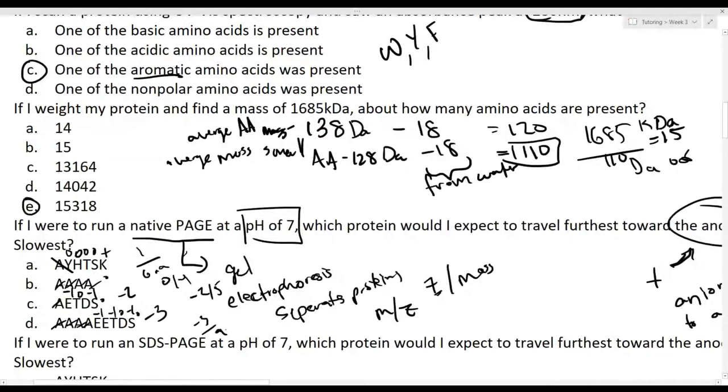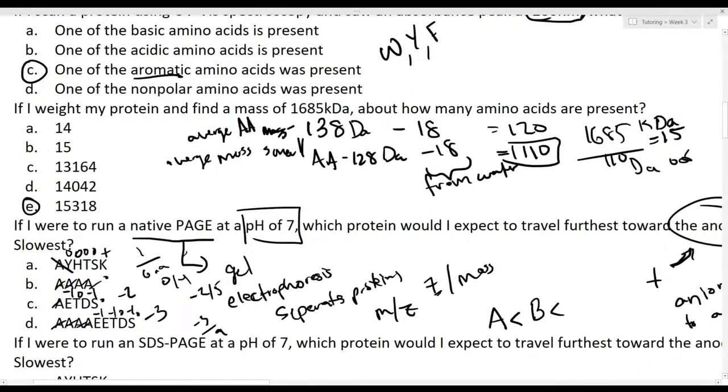Okay, so very briefly, I can tell you guys that since we're talking about going to the anode, we want the negatively charged things, right? So just right off the bat, I can tell you that A is going to travel the least because it's positive. Then B will travel some.